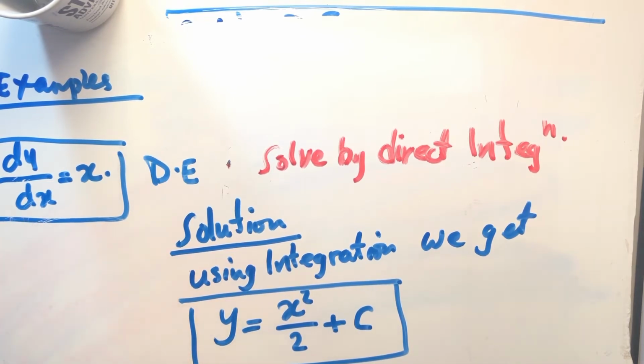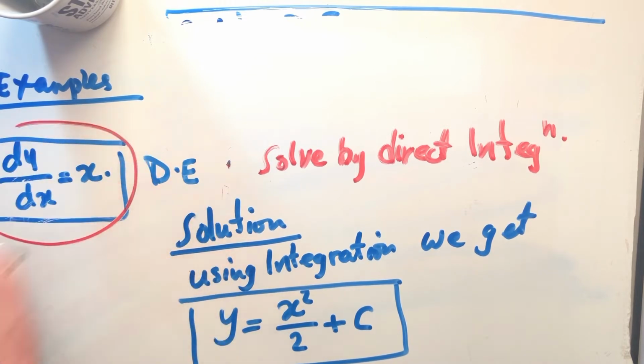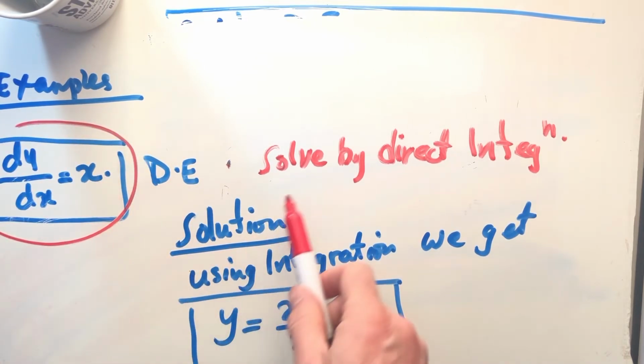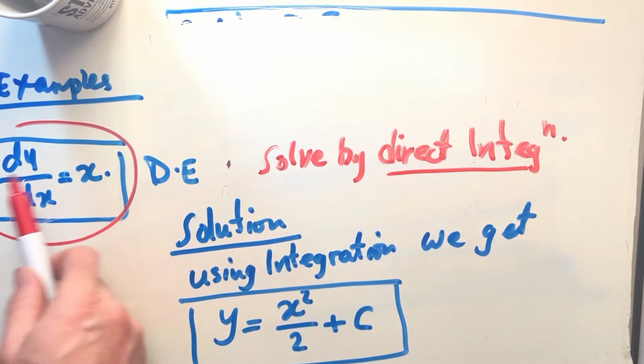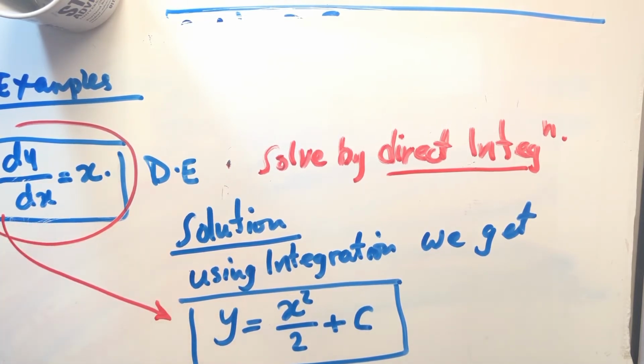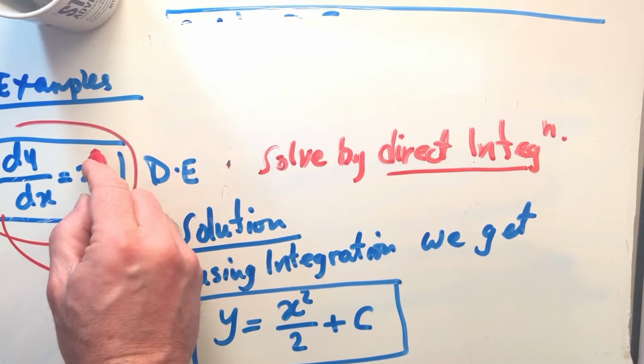That is one example of a differential equation, and we can solve it by direct integration. The way we do that, we integrate this function as we have done before in integration. We go from here to there by increasing the power of x by 1.